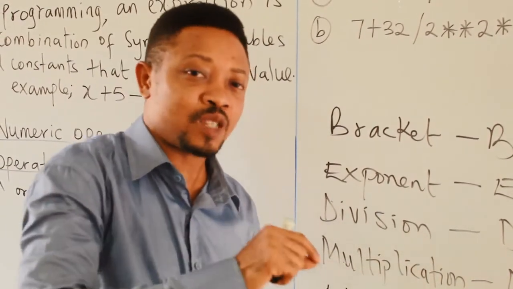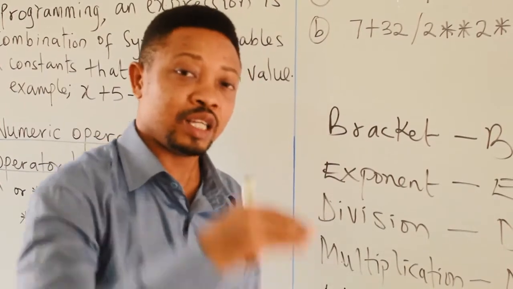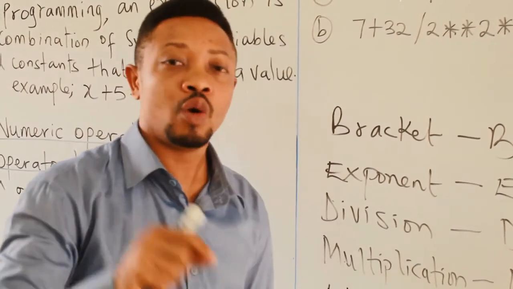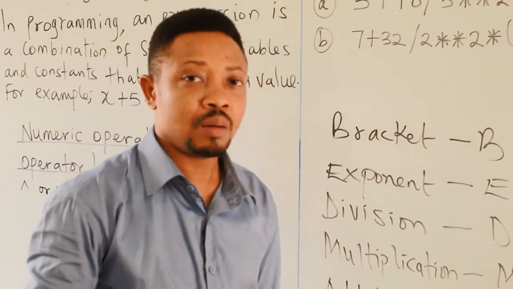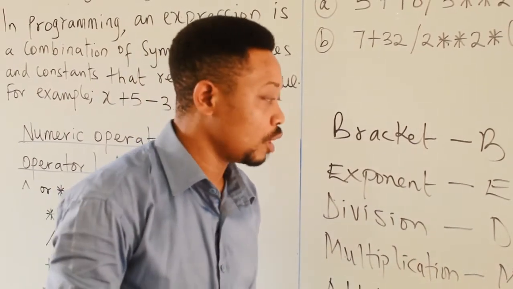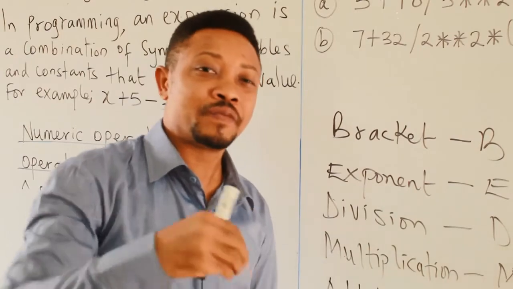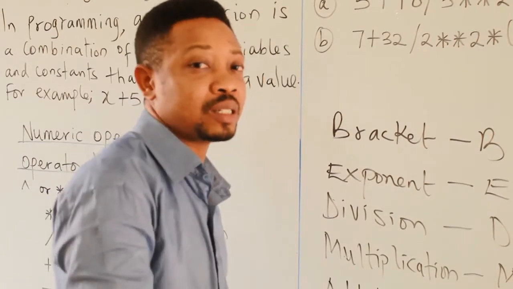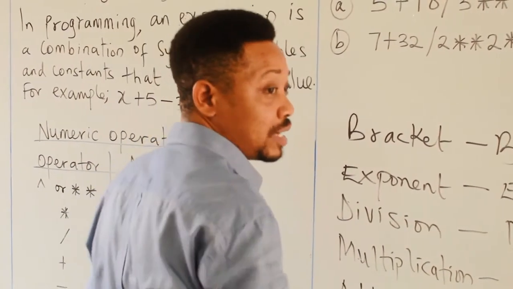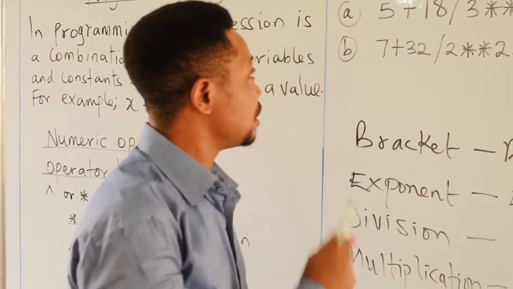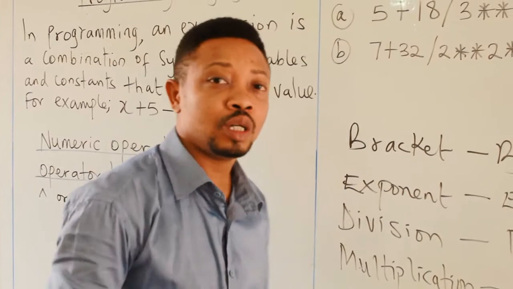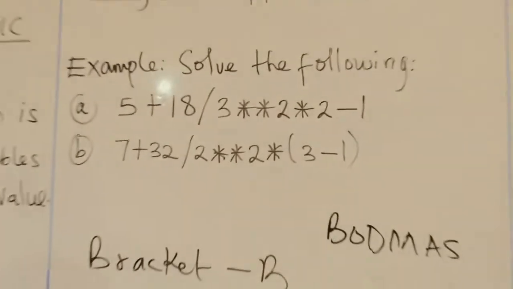If you meet these expressions in an expression, which one do you attend to first? Basically, you always attend to the first operator from the right. So this is from your right to your left. Do you understand that?